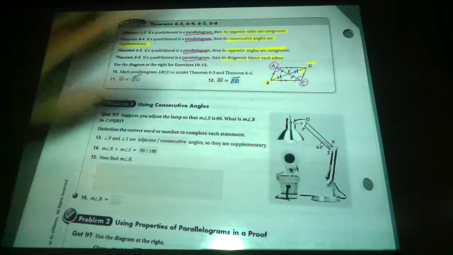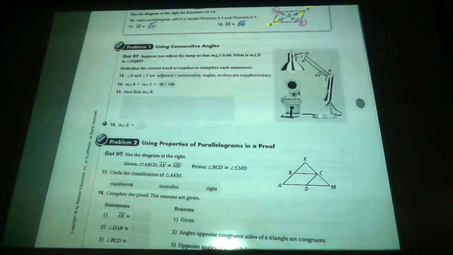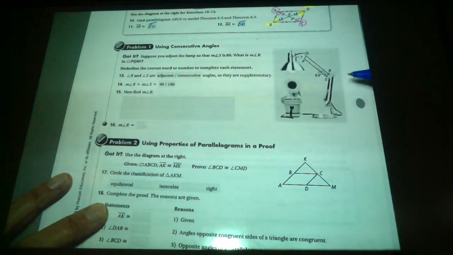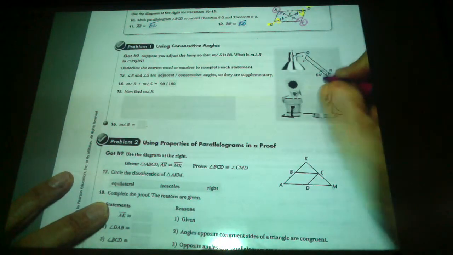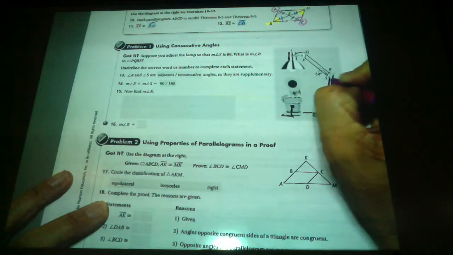So let's look at some problems. So problems involving consecutive angles. Suppose you adjust the lamp, you can see the lamp at the right, so that the measure of angle S is 86 degrees. So here's angle S right here, and this angle here is 86 degrees.